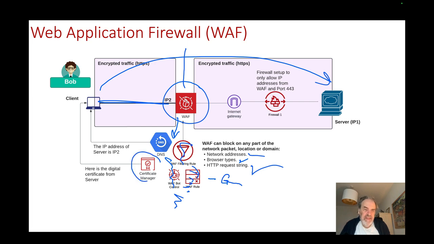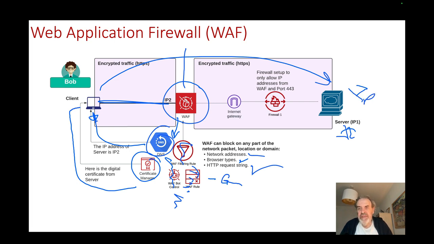The certificate actually comes from the WAF, it's not from here, and the DNS also is dealt with from the WAF. So it's not the IP address of the server that is sent to the client. It will be the IP address of whichever WAF is going to be used.